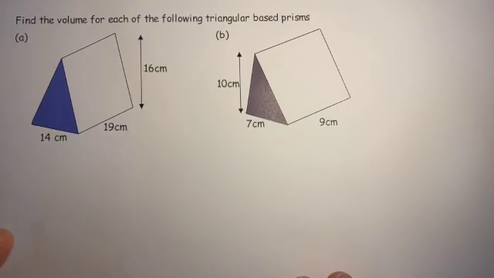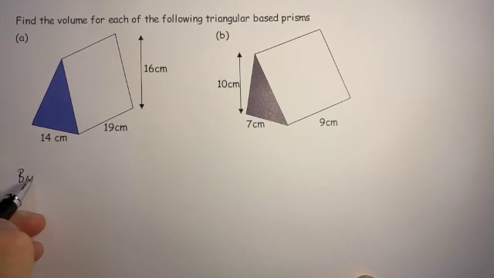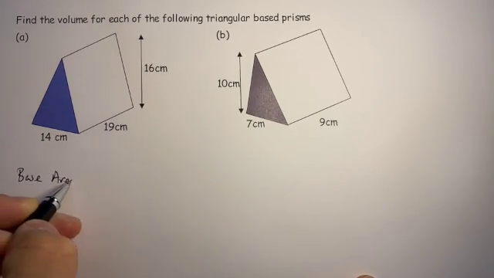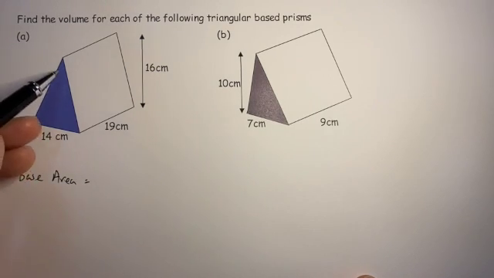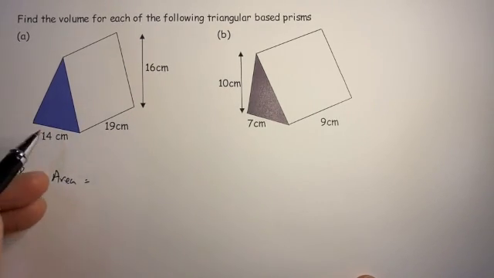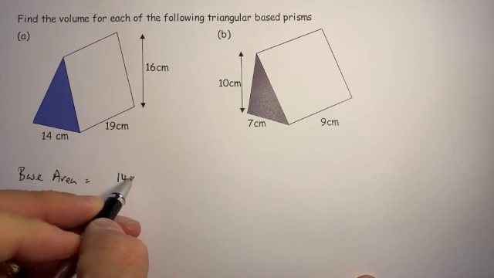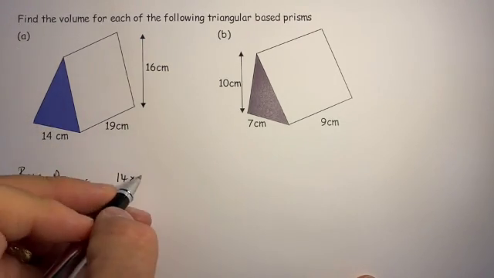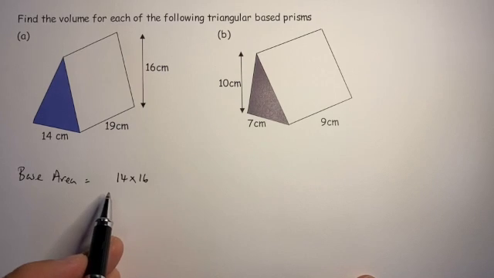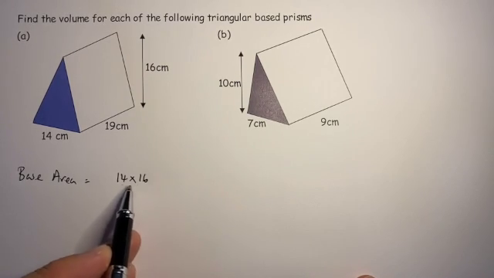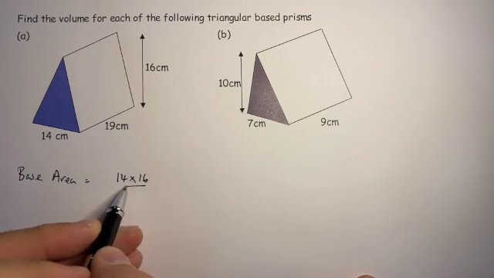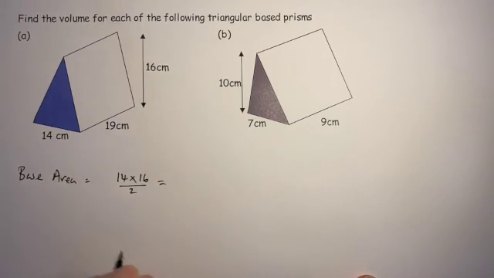So to find the volume of the triangular base prism, as already said, we start by finding the base area. Now the base area has to be that triangle, which has a base of 14 and a height of 16. And to work out for a triangle, misconception, people tend to do it as if it's a rectangle. Nope, you've got to halve it, half base times height.